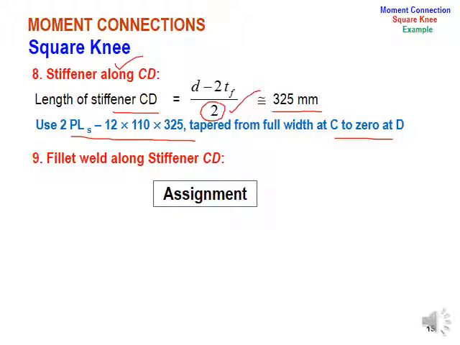The fillet weld along the stiffener CD you have to provide as an assignment. So finally you will get the solution for the knee connection with the design parameters.